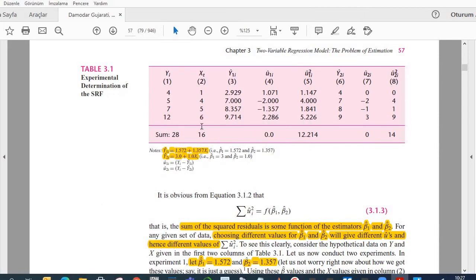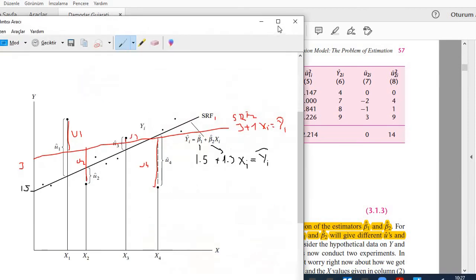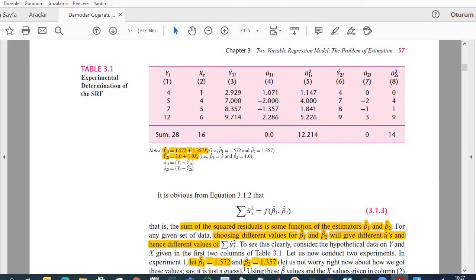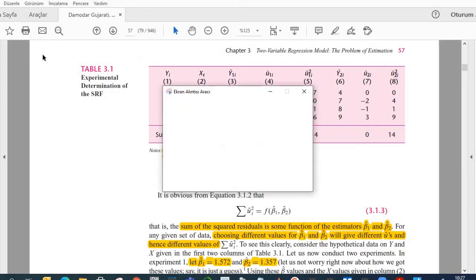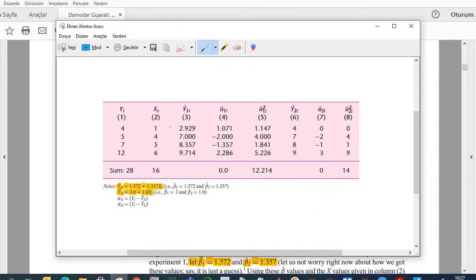Let me show it from the table. By using this computation for the first one, the residuals are u1, 2.9, u2, 7, u3, 8.3, and u4, 9.7.